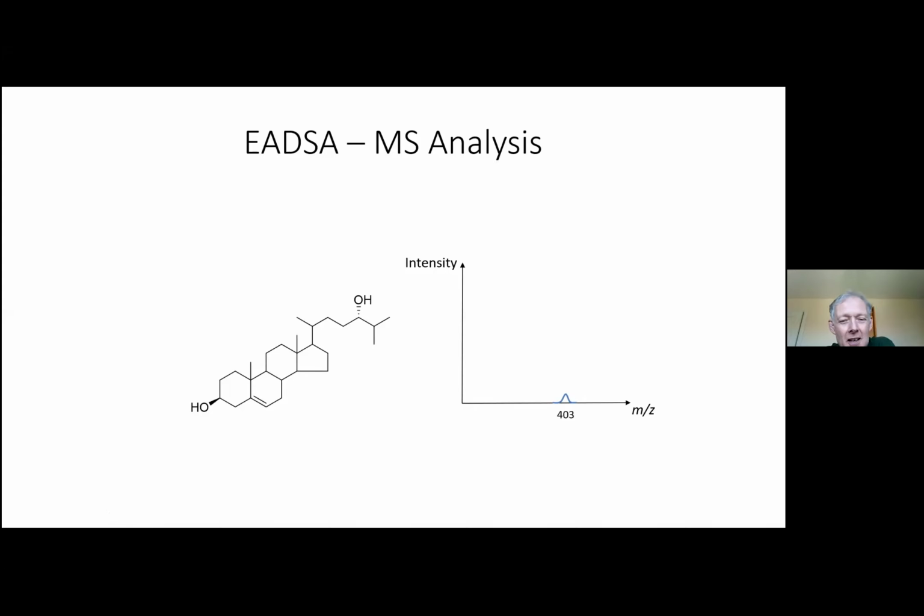So oxysterol, if you just analyze it on its own, you get not a very big peak. So we first treat with cholesterol oxidase and introduce the ketone. Then we add the Girard reagent, and if you look, the peak goes up by a factor of 100 to 1,000, depending on your ion source. So we use this method almost exclusively.